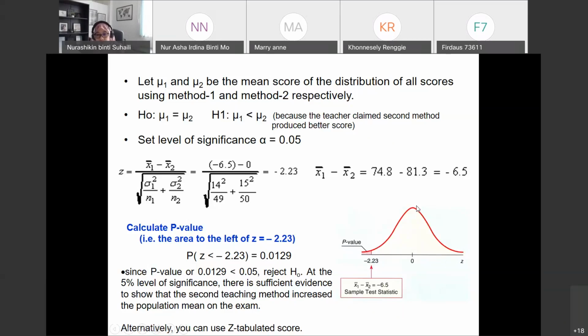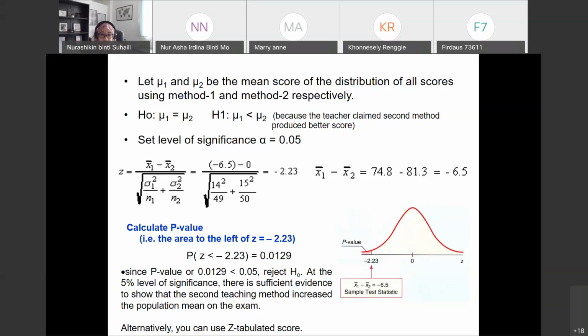You have to find first the area enclosed from 0 to z, and then you subtract that area from 0.5, because we know that the total area for each of the sides is 0.5. Okay, so 0.0129. I hope I don't have to explain that.